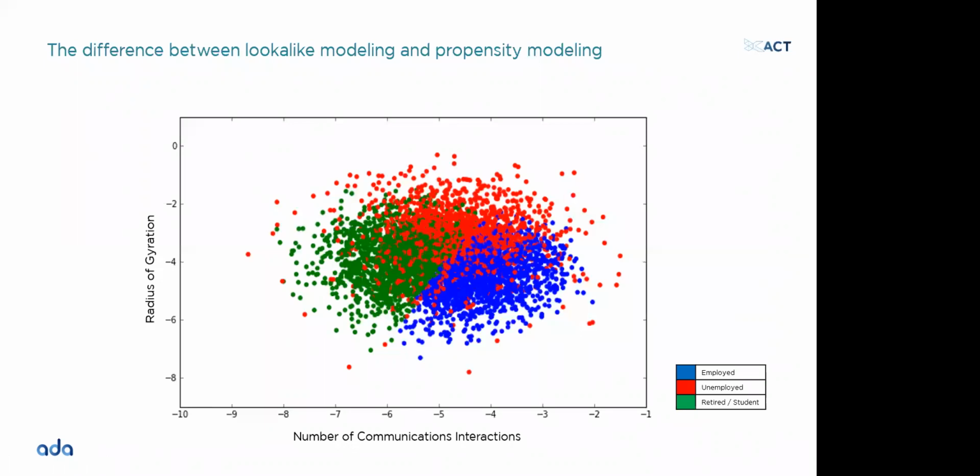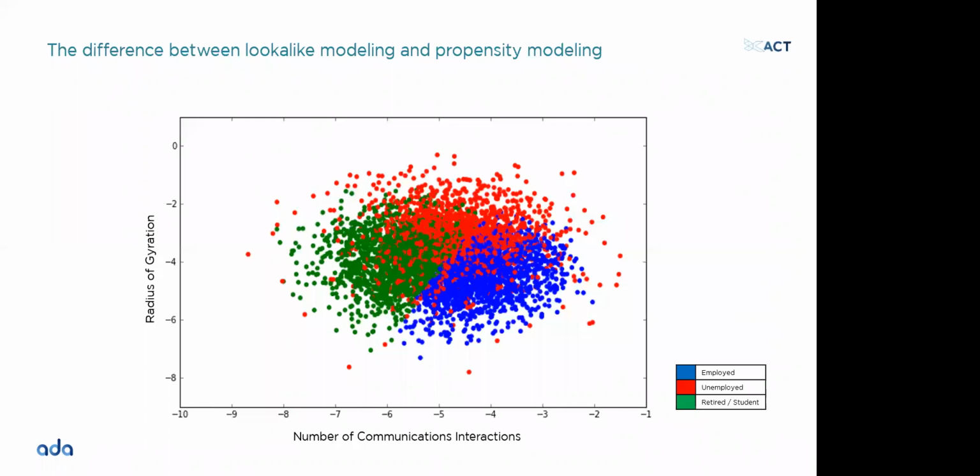So the hypothesis is that the more a device moves around, and the more other devices this device communicates with, this is a sign that the owner of this device is gainfully employed, has a job. That's why he or she needs to talk to people and needs to move around a lot. Okay, so that's the hypothesis.